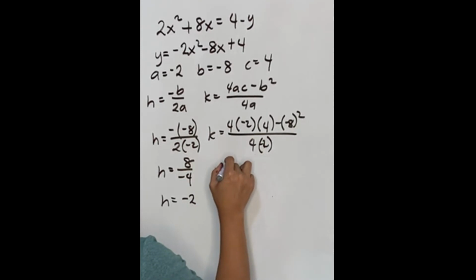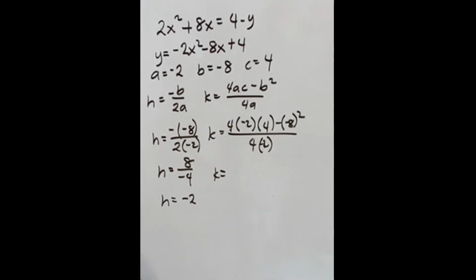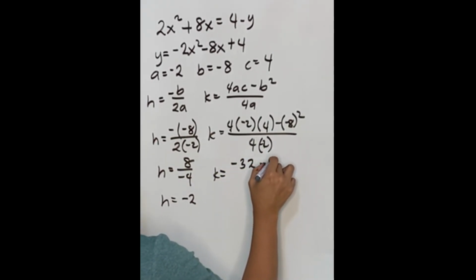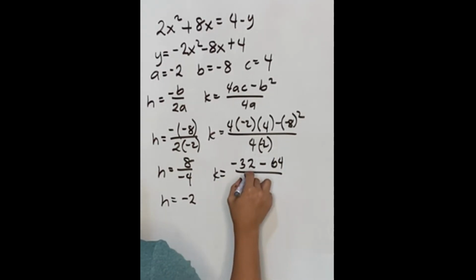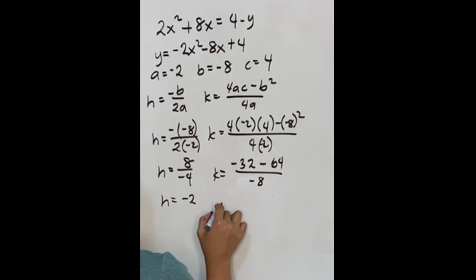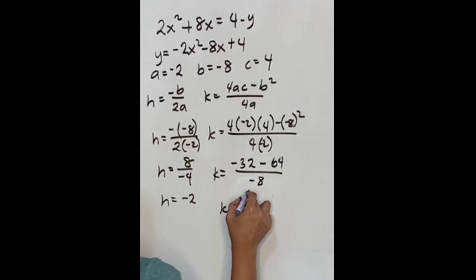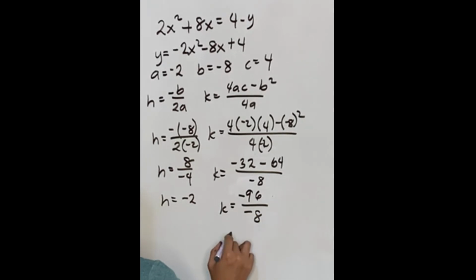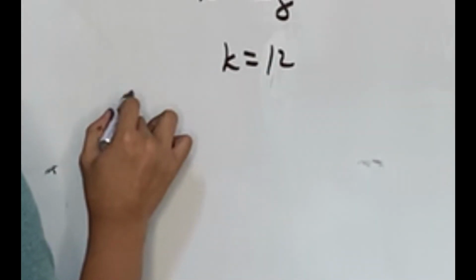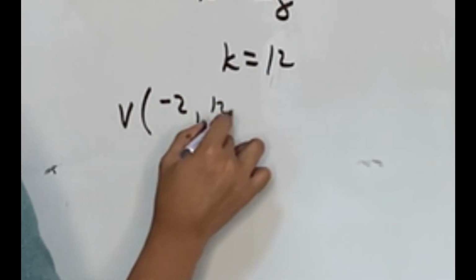K is equal to 4 times 4, 16, times negative 2 is negative 32, minus 64, all over 4 times 4 times negative 2, which gives negative 8. K is equal to negative 32 minus 64, which is negative 96, over negative 8. Dividing, k will be equal to positive 12. So our vertex is (negative 2, 12).